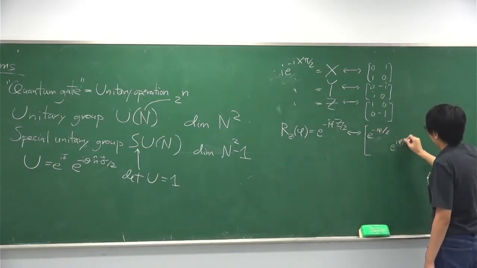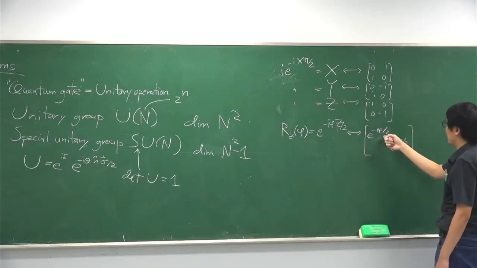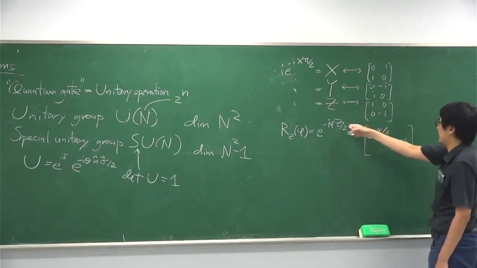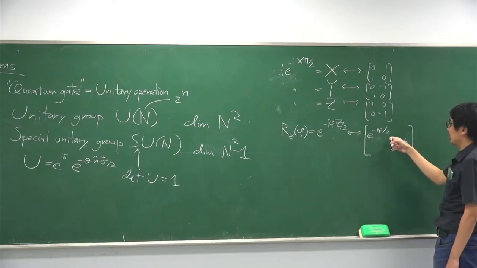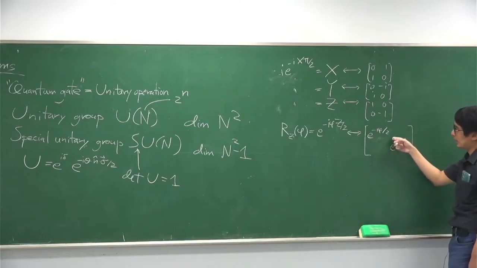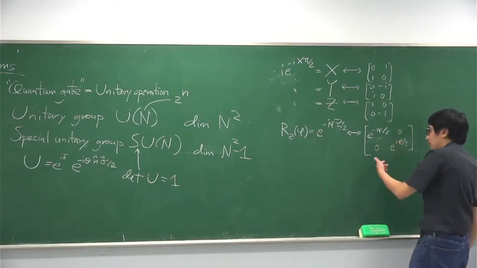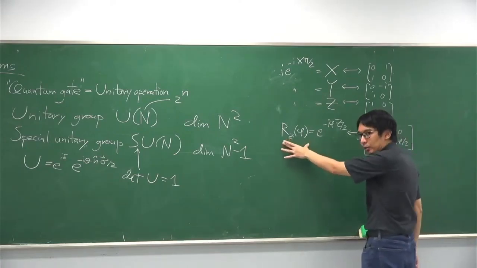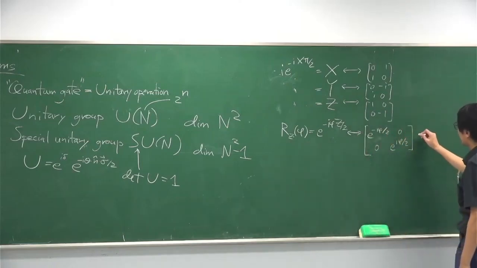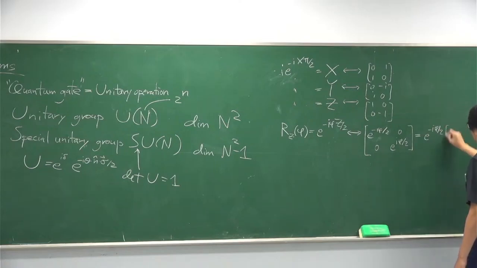I just put the corresponding eigenvalue in the exponent, right? However, why people would call this a rotation by phi is just because I can pull out this phi/2 phase so that the relative phase between the 0 and 1 state is phi.